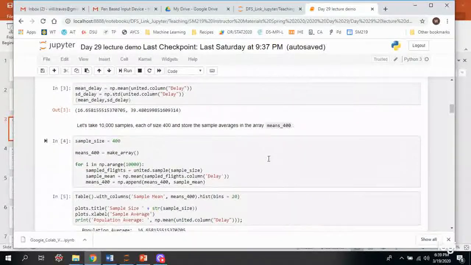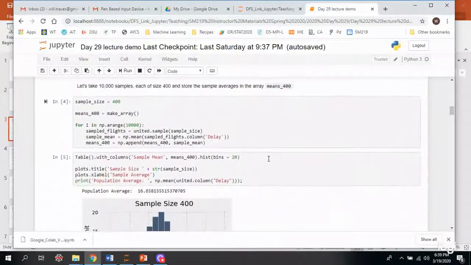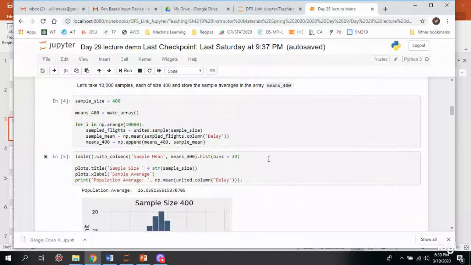Now we'd like to take a sample of size 400 and use that to estimate the flight delays. If I was to do this with one sample, I'd take a sample of size 400, I'd calculate its average, and I'd say that's my best guess for the average or the mean of the flight delays for the whole population of United Airlines flights in 2015.